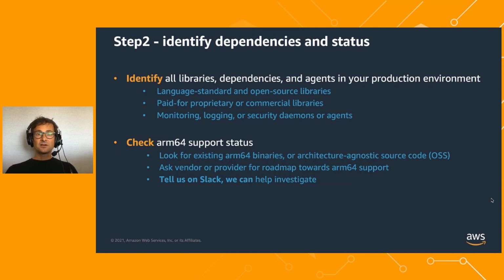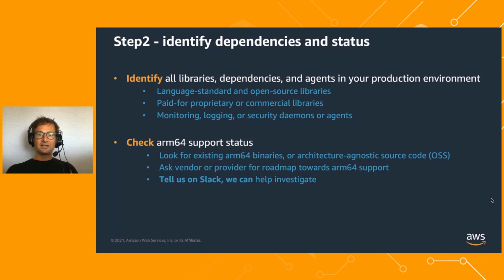And if not, please let them know that you need such a version. And please potentially let us know. Tell us on Slack. There's a Slack channel coming with the Graviton challenge. Go to the Slack channel, ping us, and let us know that you need help to get a software vendor ported, or that there's an open source project that does not yet have support for Graviton-based instances and you would love to use it on Graviton.